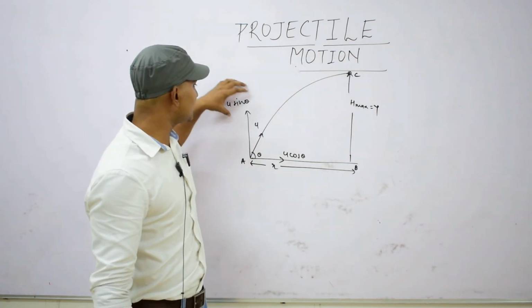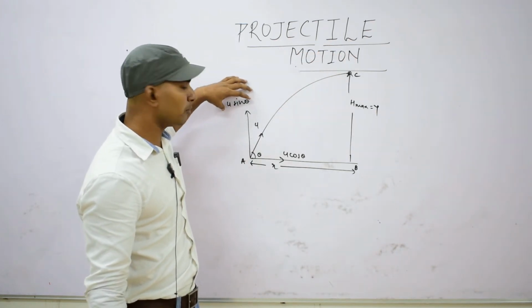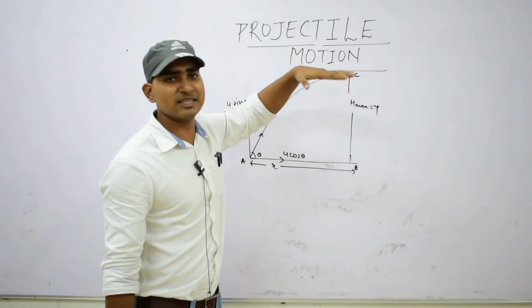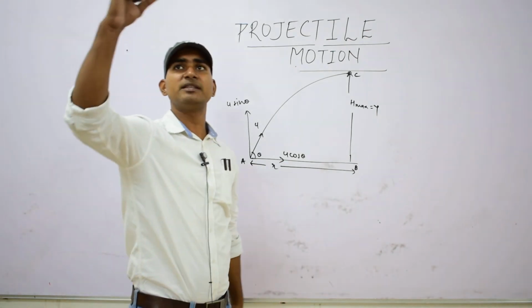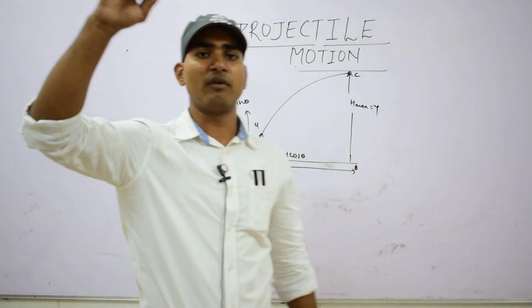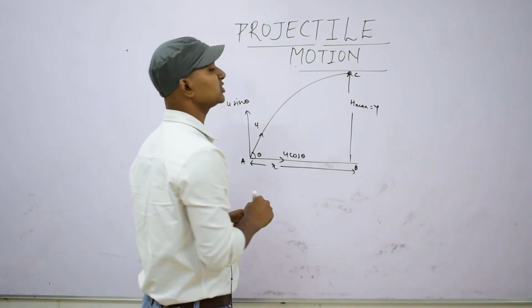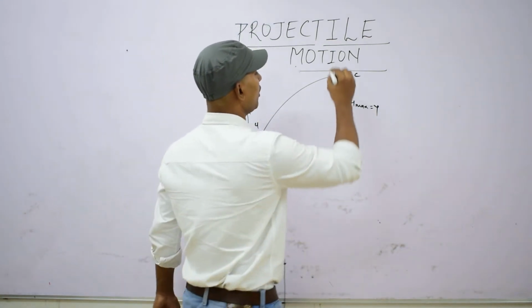But if the vertical component u sin theta is 0 at this particular point, then it will have gained its maximum height. So for reaching a maximum height, the vertical component of the velocity will always be 0. So which component will be left? Only the horizontal component.